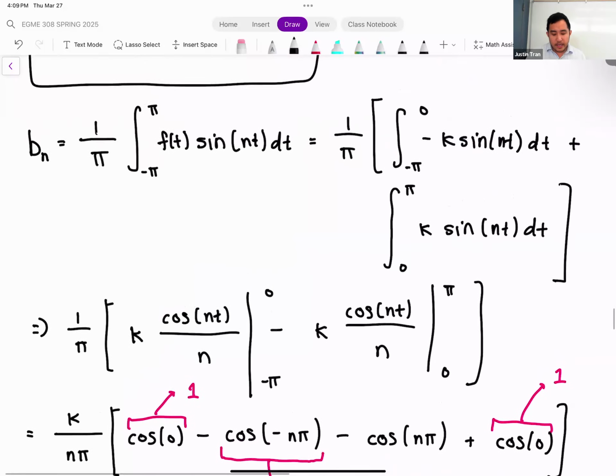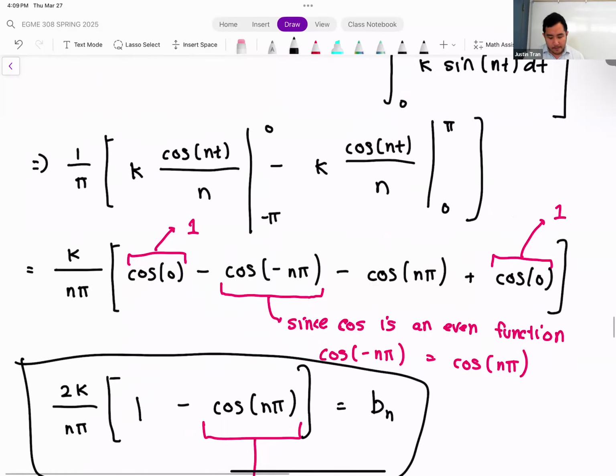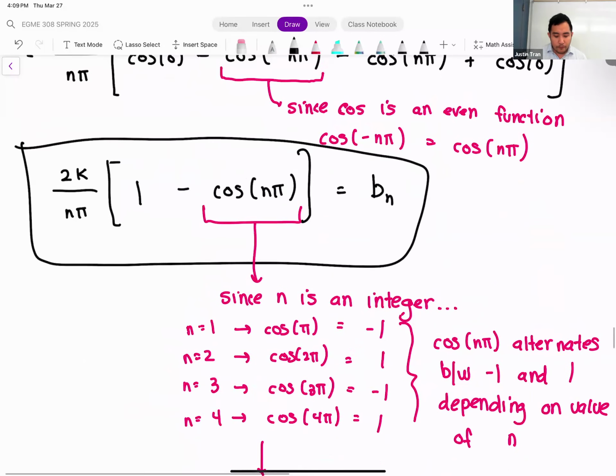And then we finally computed bn's, which was the first time we had a non-zero value, where we took the product of our function multiplied by sine nt, integrated from minus pi to pi. So we did all that, and we finally get a non-zero expression for bn, which is this. Okay. Now, after we got this expression for bn, we then evaluated these coefficients for various values of n.